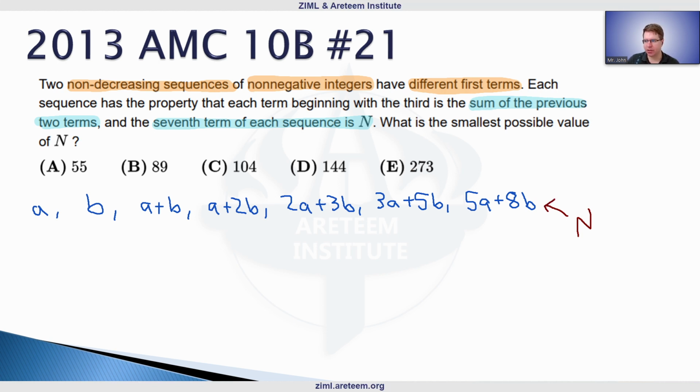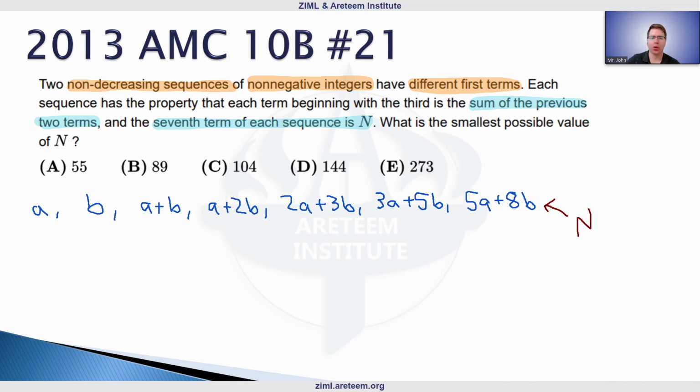Now, as I mentioned, our non-decreasing, non-negative conditions don't have too many restrictions with just one sequence. A and B could both be 0, everything's 0, and n is 0. If we had 0 and 1, we would have a real Fibonacci type sequence, things like that as well.